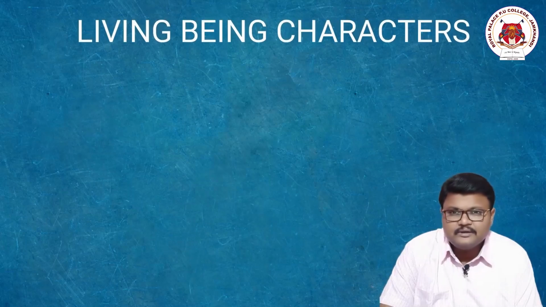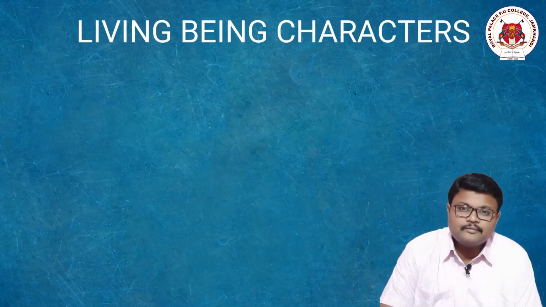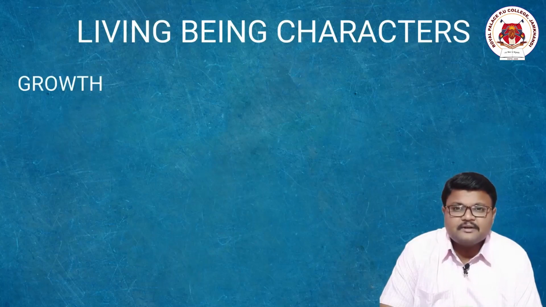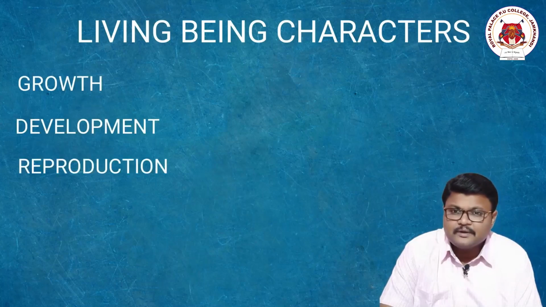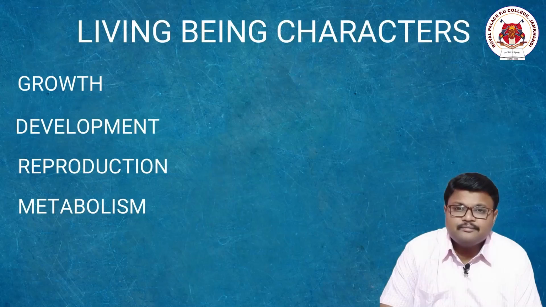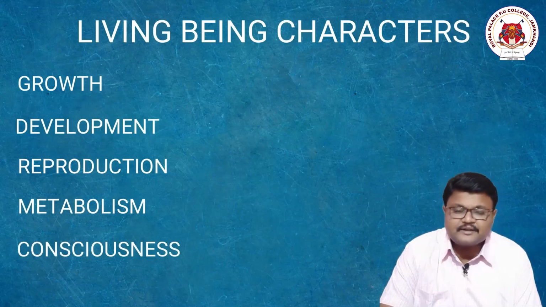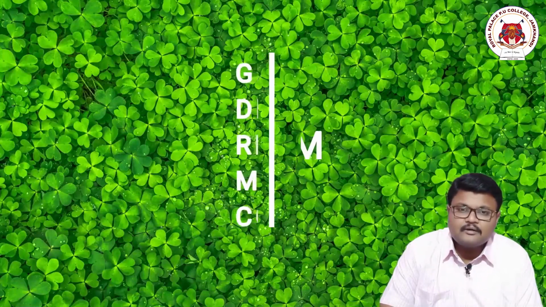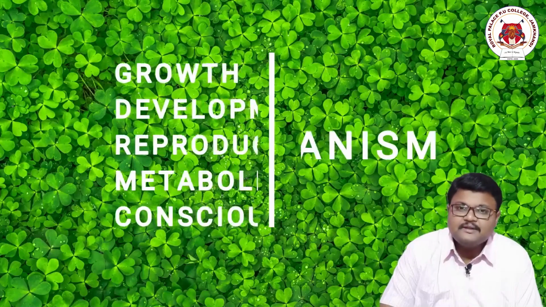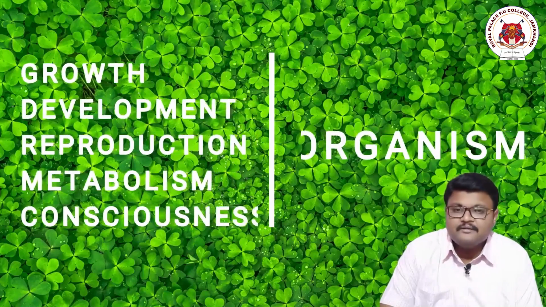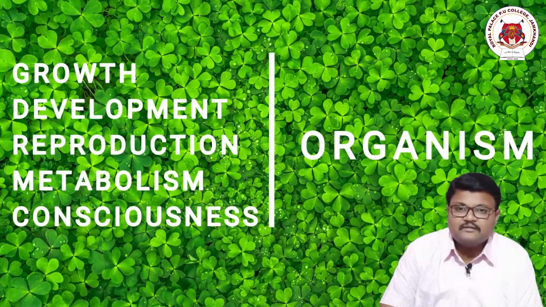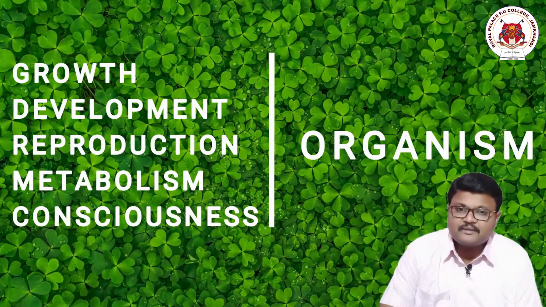If we have to call someone or something as living, then it should have some basic fundamental characters such as growth, development, reproduction, metabolism, consciousness, etc. The one which possesses these basic fundamental characters is called an organism.